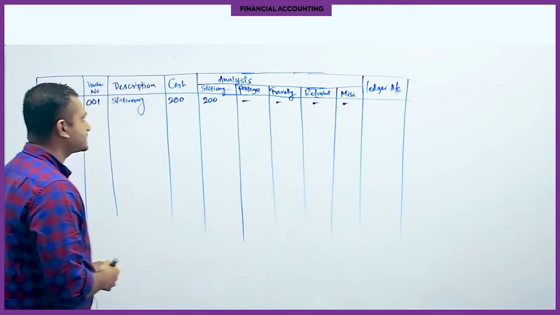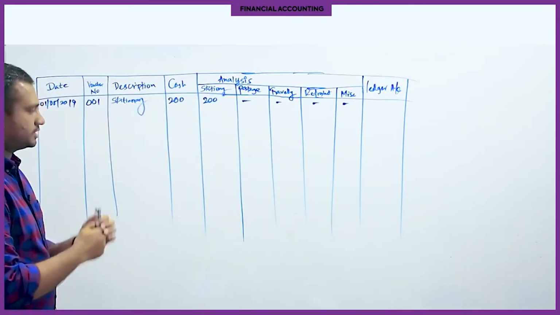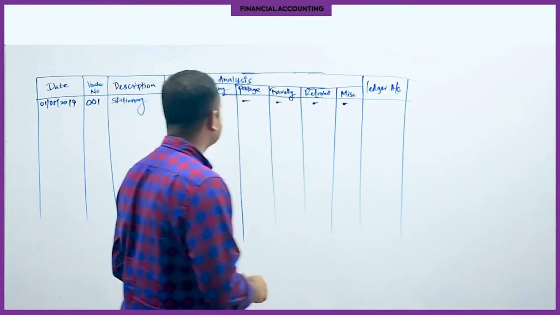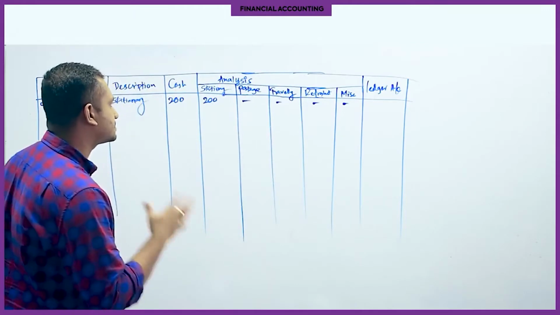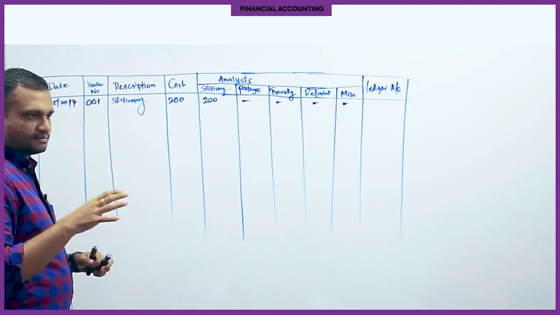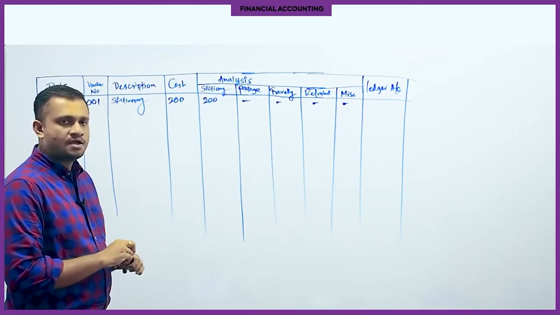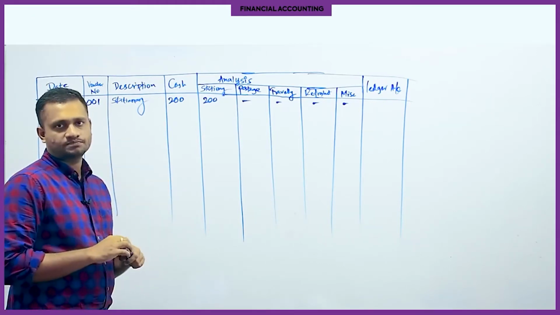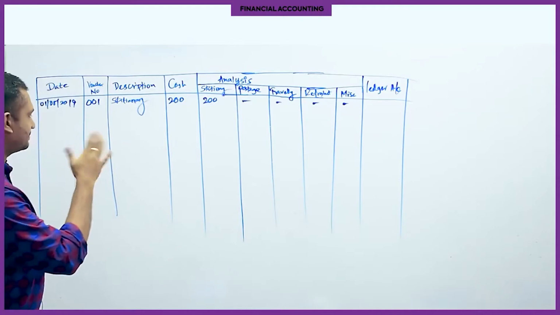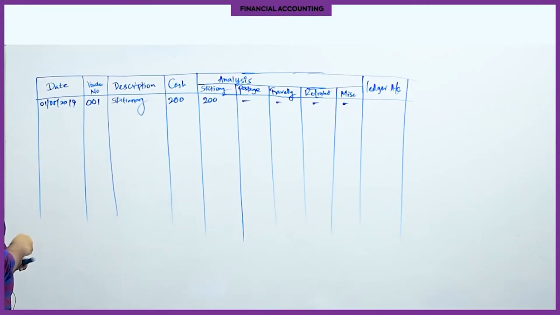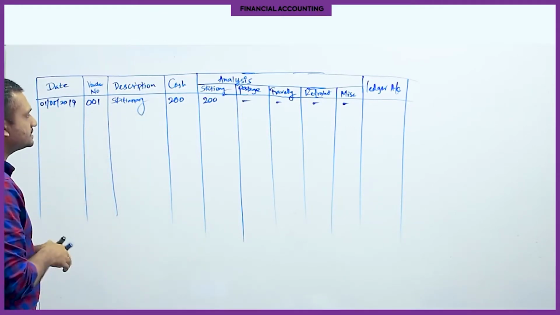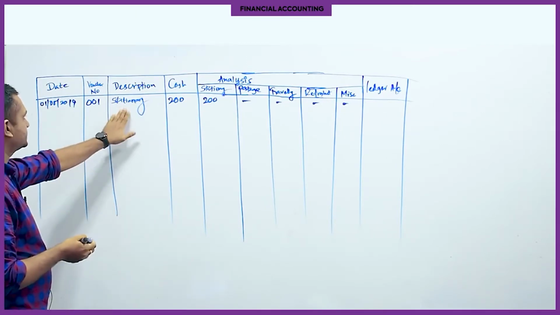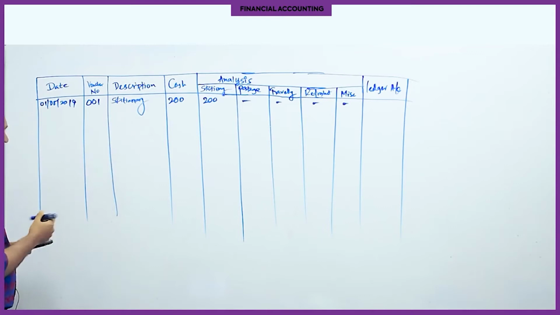I will tell you about the ledger account later. There will be certain transactions which will go to a particular ledger account, but this will not go to any ledger account. This is simply an expense.